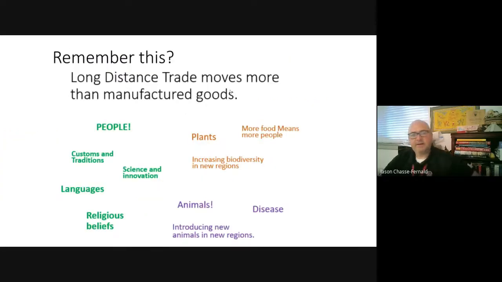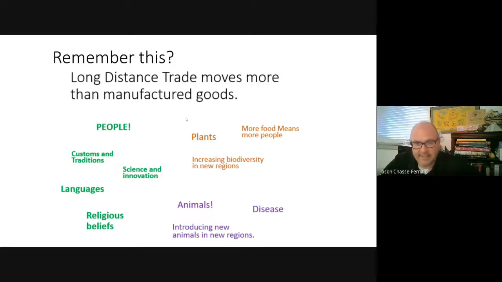If you look at long distance trade, it moves more than simply spices and silk and porcelain. So when you talk about increased interaction between different regions, it is an all-encompassing thing, or it needs to be. When we start talking about the Columbian Exchange and the interaction between the Americas and Afro-Eurasia, understand we're going to be talking about more than just goods.